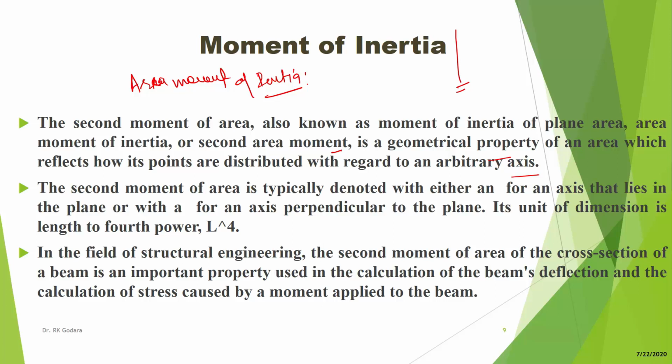Here the area moment of inertia depends on how the area or points of that particular object are distributed about the axis. The second moment of area is typically denoted with an axis that lies in the plane or an axis perpendicular to the plane. Its unit or dimension is length to the fourth power. So if we measure length in mm, then the unit would be mm⁴.